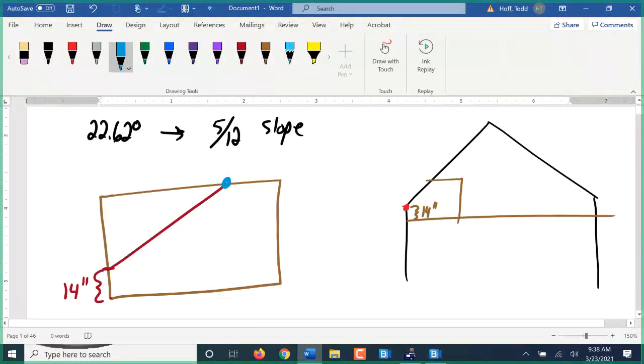My right triangle here is the piece that I am cutting off of my piece of sheeting. So that is my right angle, and this then is my right triangle. At this point, I know one angle of that right triangle: this angle right here is the 22.62 degrees. When we are looking at these slope angles, we talked about angles of elevation and angles of depression.